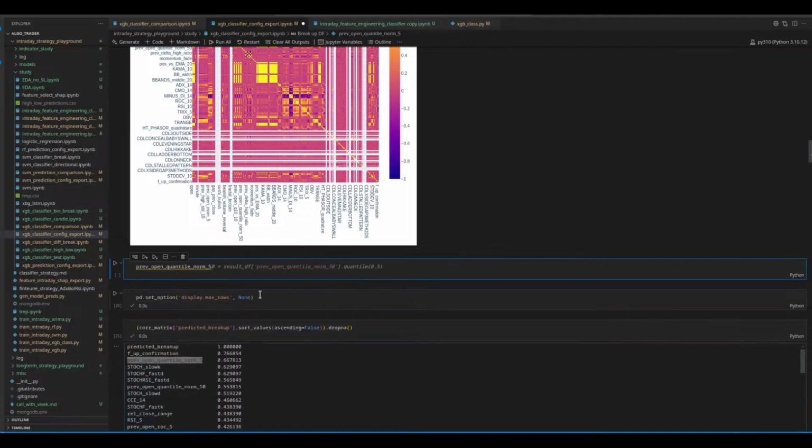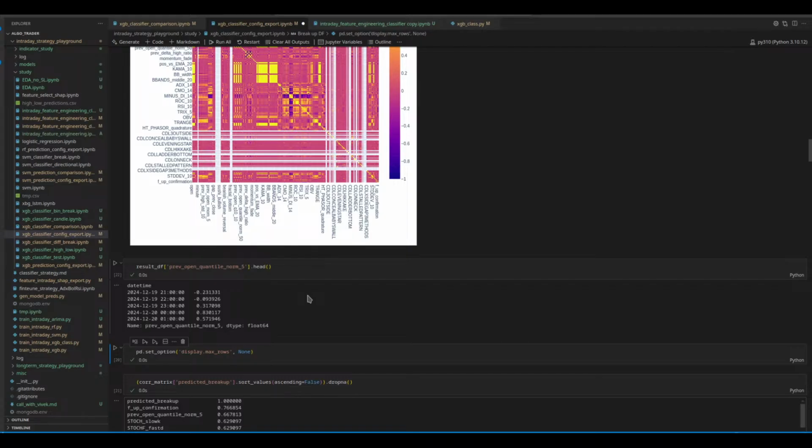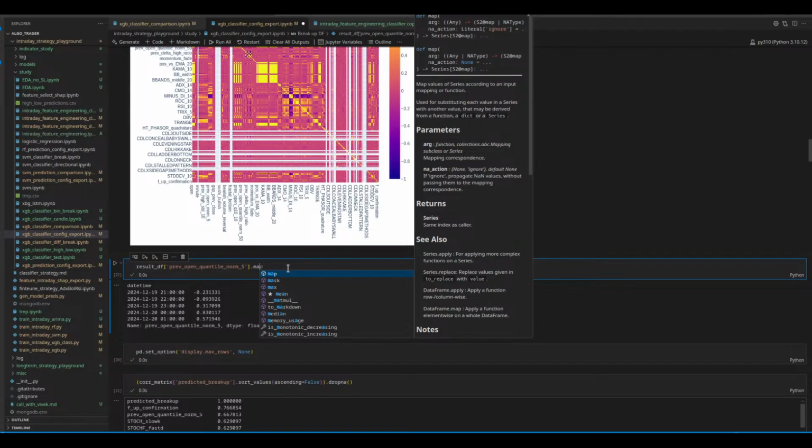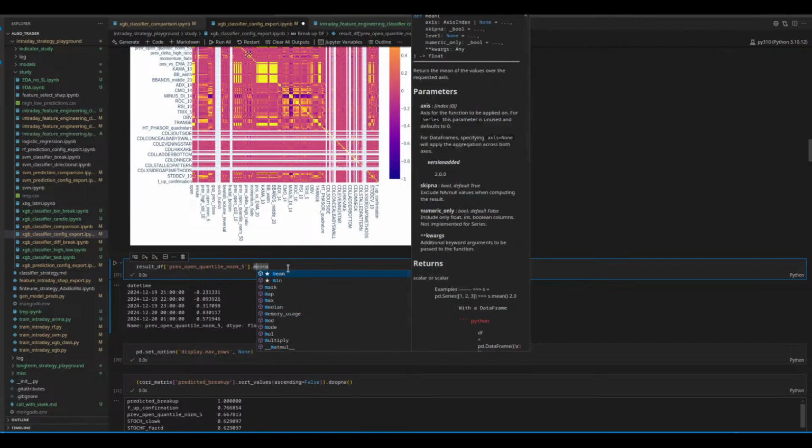What does this column host? Okay, it hosts some value. What is the max?